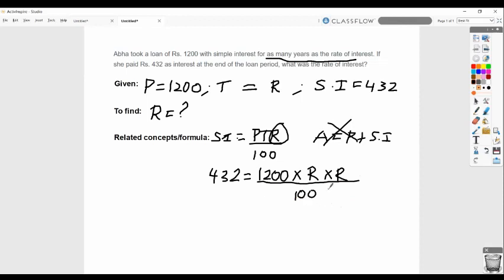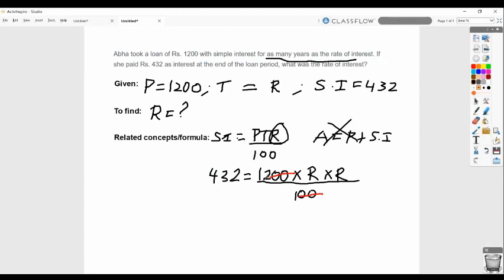Now, before I do anything, I simplify before I multiply. So the 1200 and the 100, I simplify. I get like this. Now, what am I left with? 432 is equal to 12 into r square.